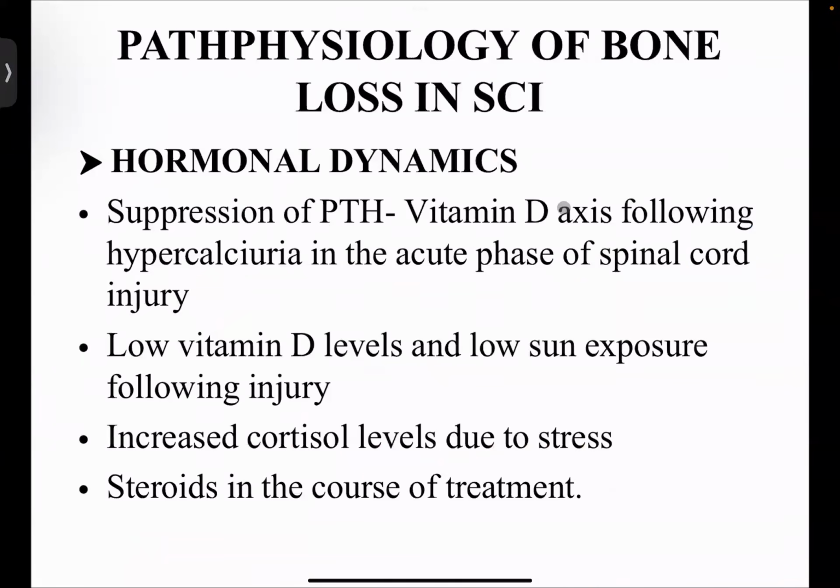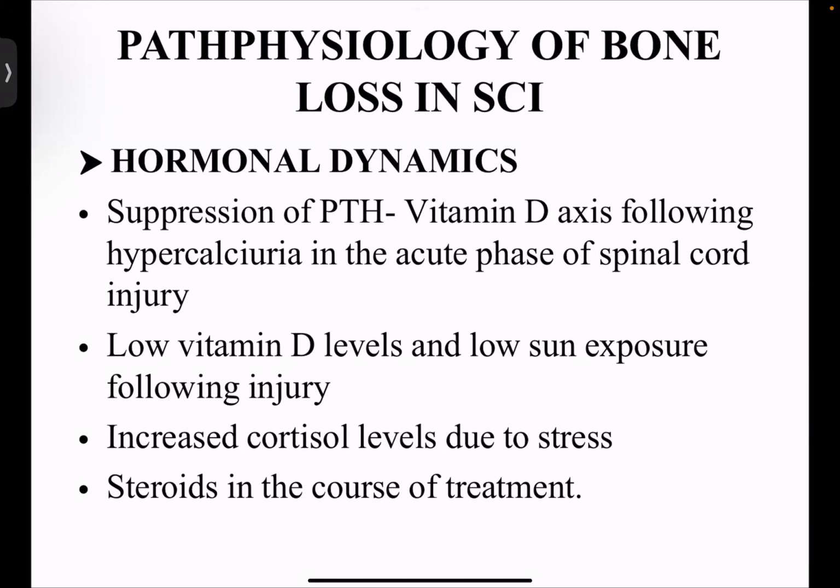Another theory is the hormonal dynamics, like suppression of parathormone. We know parathormone is controlled by the serum calcium level, and bone is the storage of calcium. Immediately, as soon as there is a spinal cord injury, calcium is released from the bone into the serum.